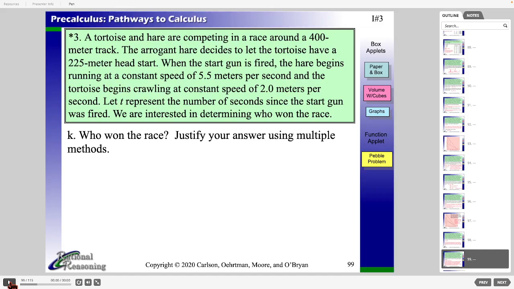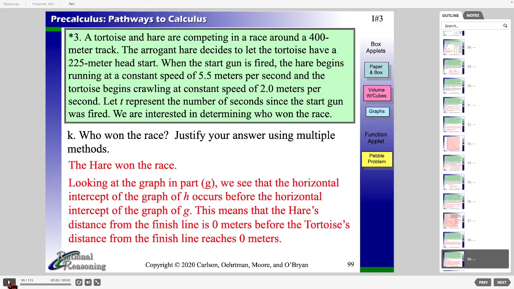Okay, so who won the race? Well, we saw from the graph, the hare did, right? He finished first. The distance between the hare and the finish line was 0 before the tortoise's was.